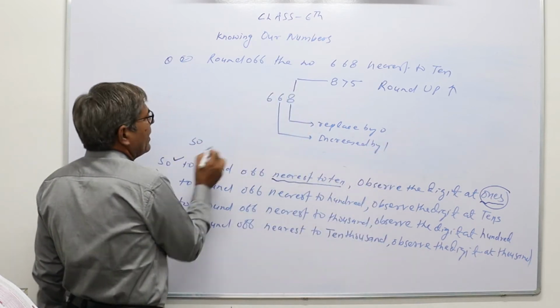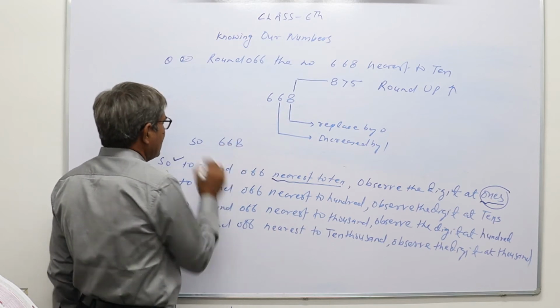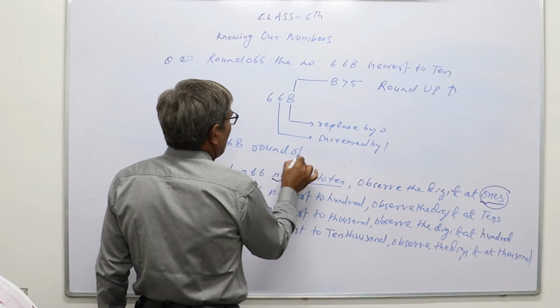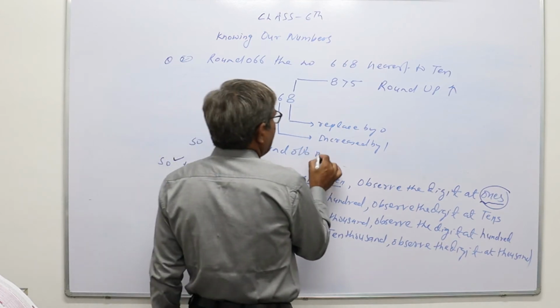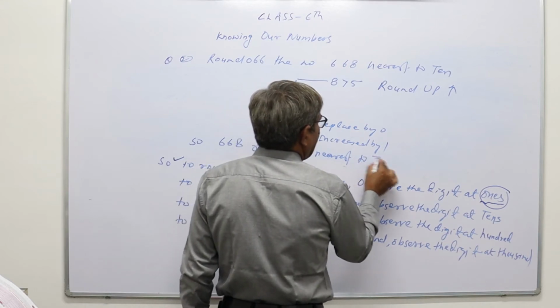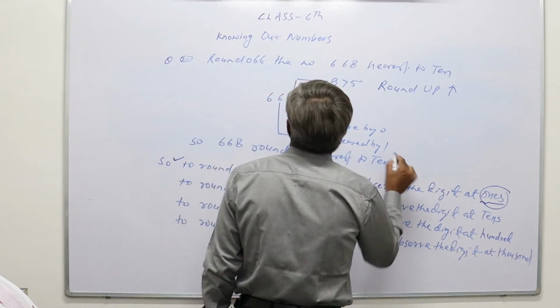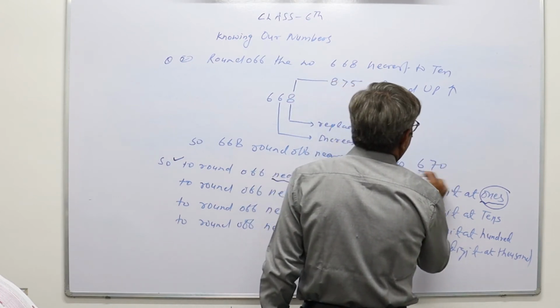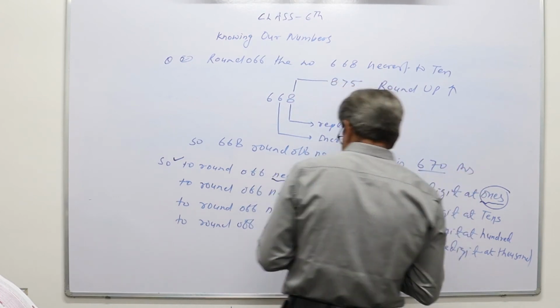So 668 rounded off to the nearest 10 is 670. So this is your answer.